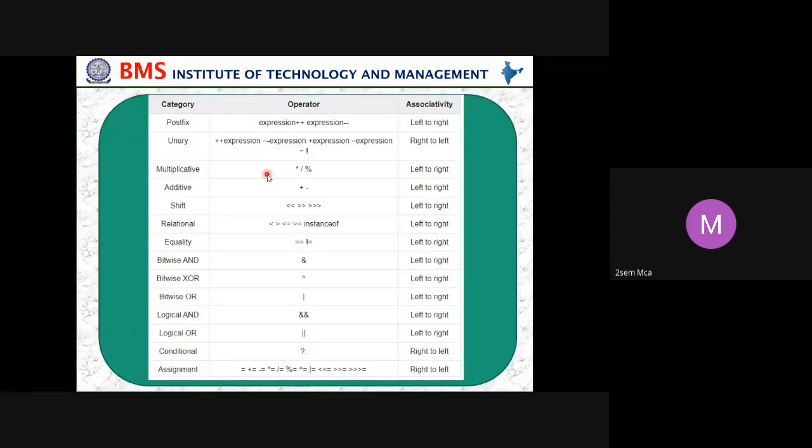The same way here, again we have to remember whether the associativity starts from left to right or right to left. So postfix expression, that is plus plus, minus minus, starts from left to right. The unary operators, increment, decrement, start from right to left.